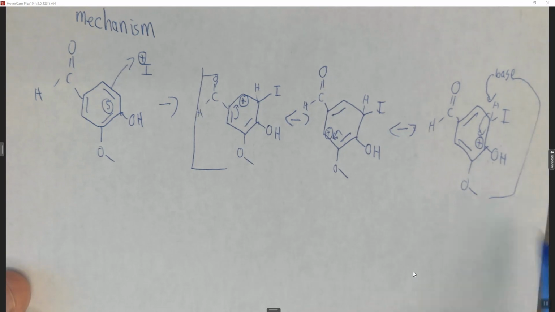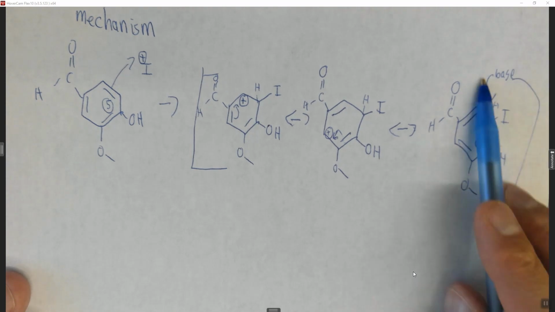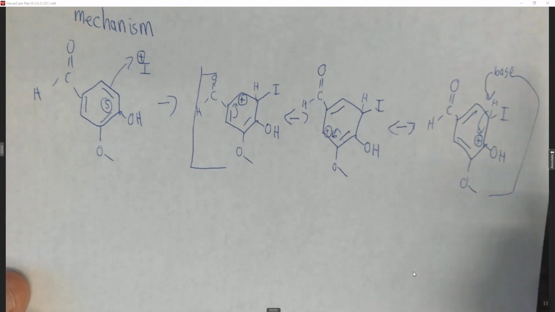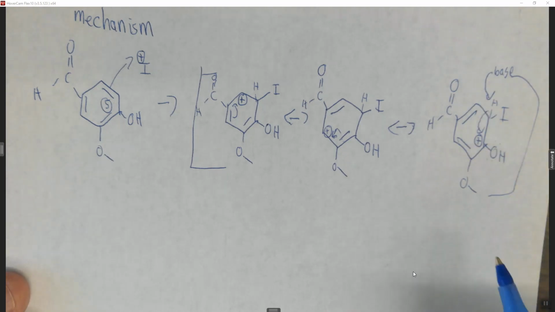This is because aromatics are very stable, so we want to reform the aromaticity. Some kind of base, water, ethanol, it could be anything. None of these are particularly strong bases, but they're capable of grabbing this proton.